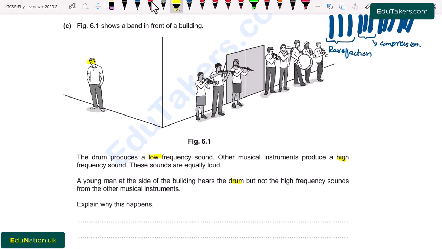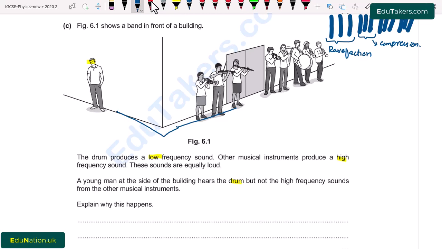Explain why this happens. So, first of all, you can see here that this person is not in the straight line from the source of sound. You can see here that this is the source of sound, and this person is not along this line. It will go in this direction, which means that there is a diffraction of sound.